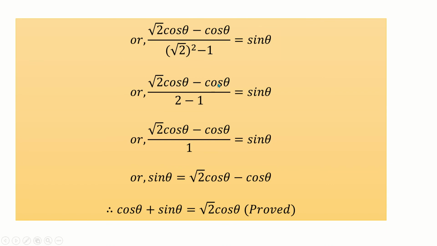Here 2 minus 1 means 1. Now cross multiplying, here will be sin theta, right side will be root 2 cos theta minus cos theta. This converted to the left side, we get cos theta plus sin theta equals root 2 cos theta. Proof is complete. Very easy, okay?